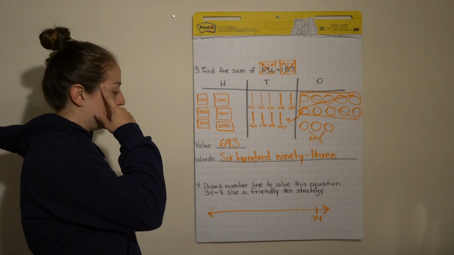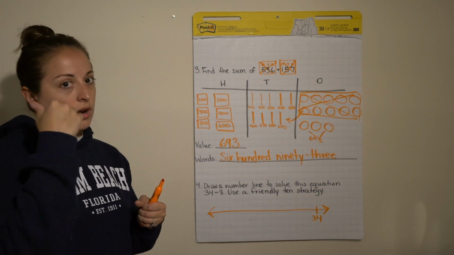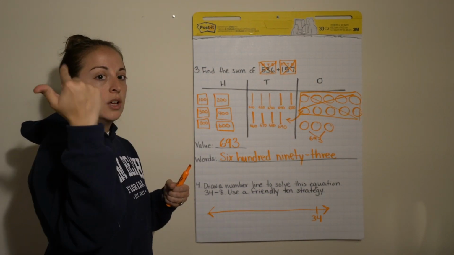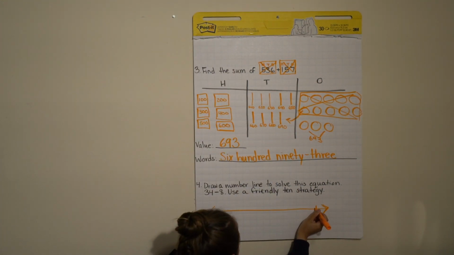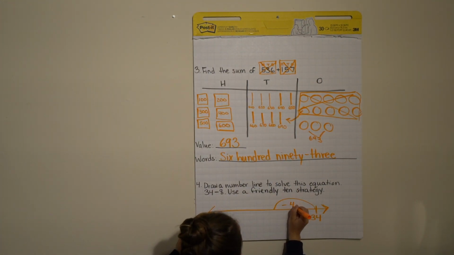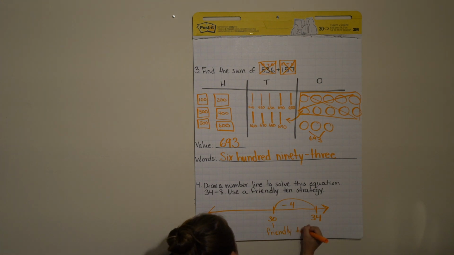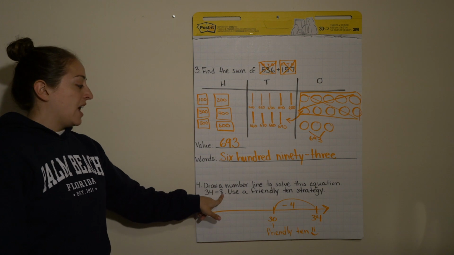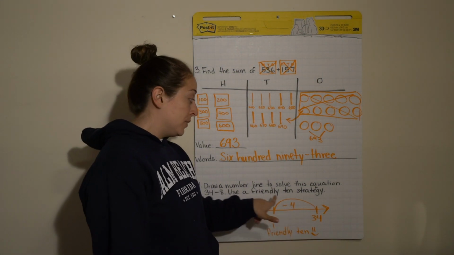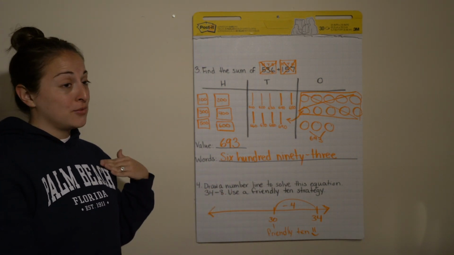So 34, let's see how many hops we need to get to a friendly 10. 34, 33, 32, 31, 30. So we need a hop of 4. So minus 4. That gets us to our friendly 10. And since we need to make a hop of 8, 4 plus what equals 8? 4 plus 4.